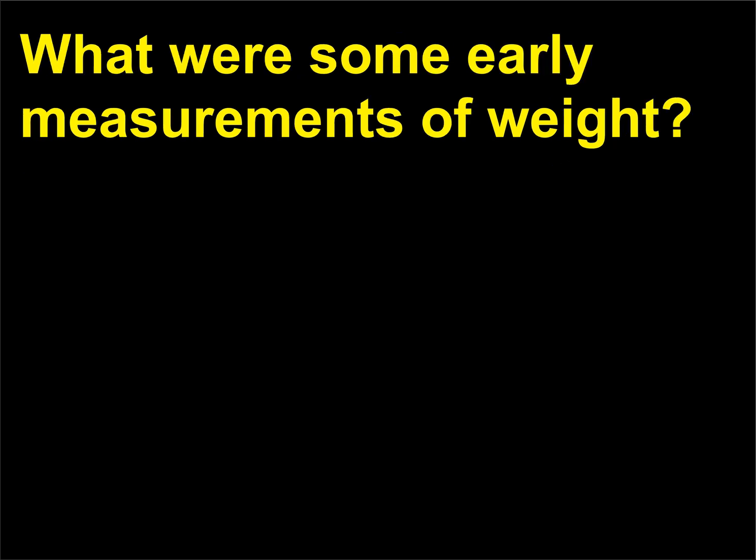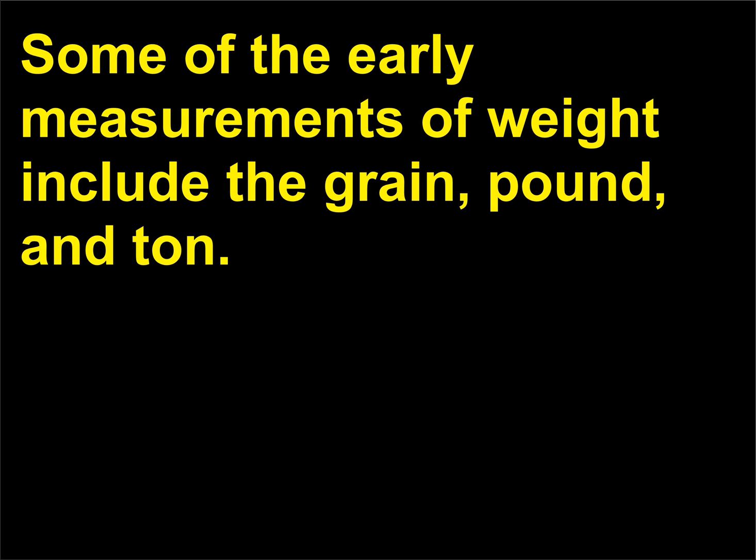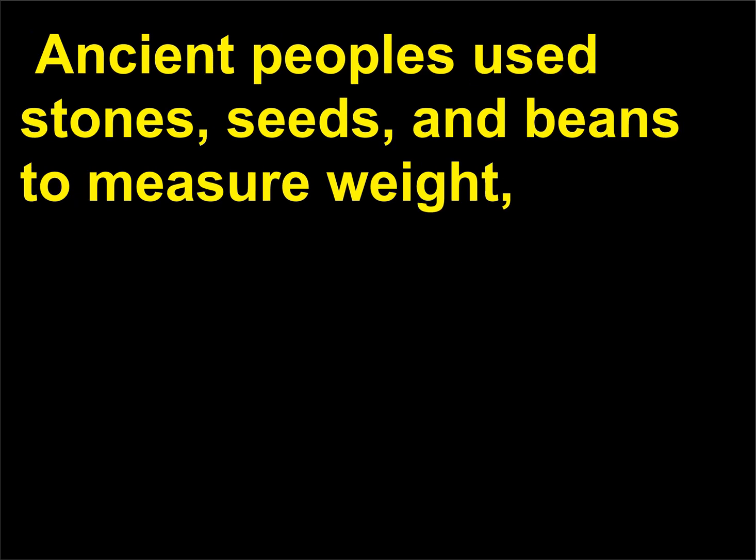What were some early measurements of weight? Some of the early measurements of weight include the grain, pound, and ton. Ancient peoples used stones, seeds, and beans to measure weight.